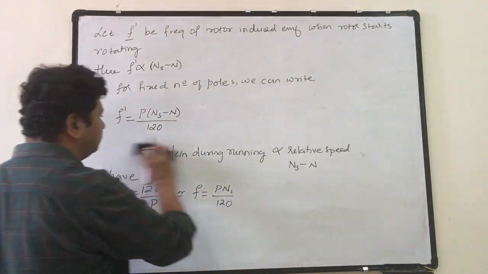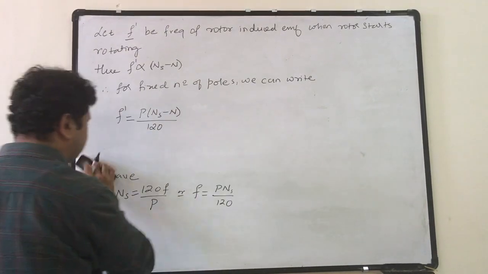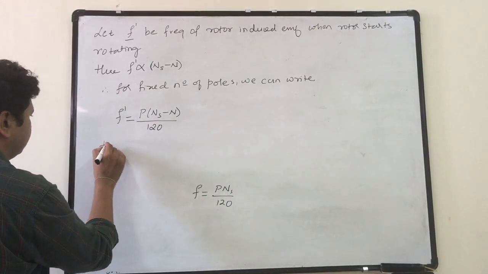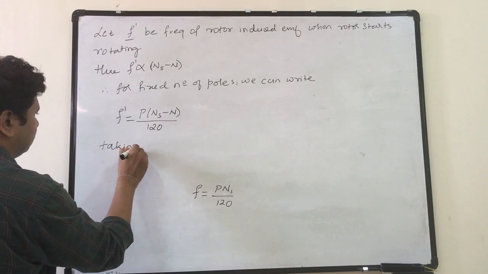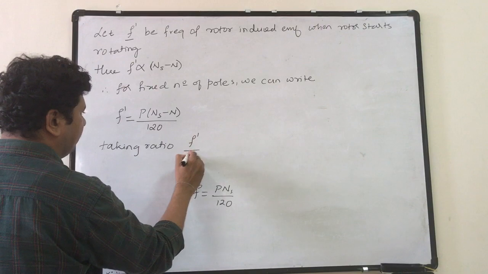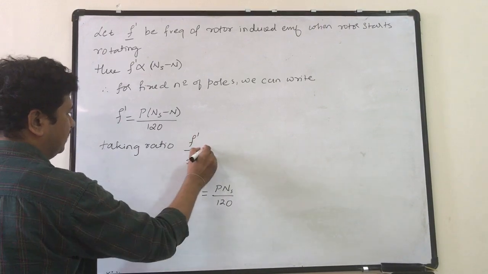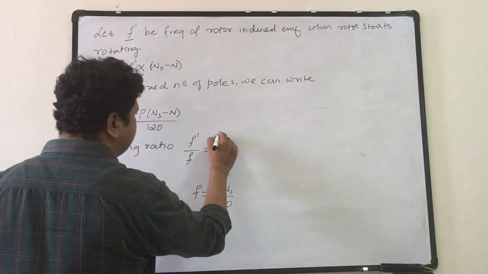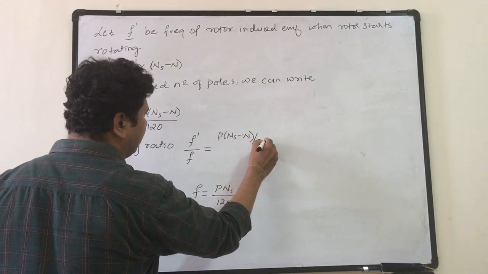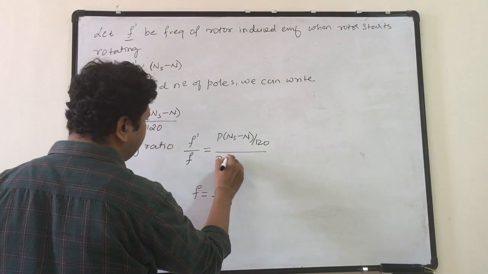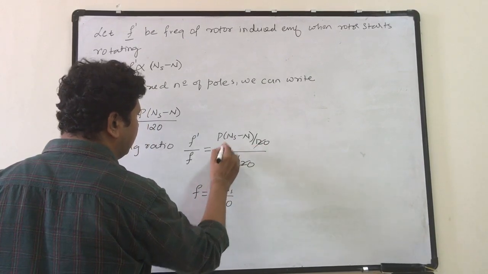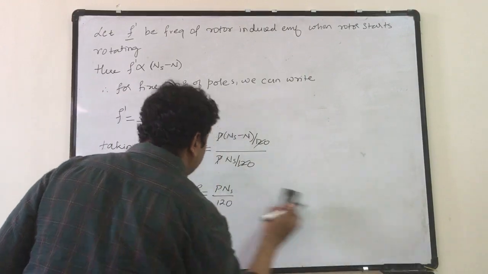Now taking the ratio, f dash to f is equal to p into ns minus n divided by 120, divided by p ns upon 120. So 120 and p will get cancelled.